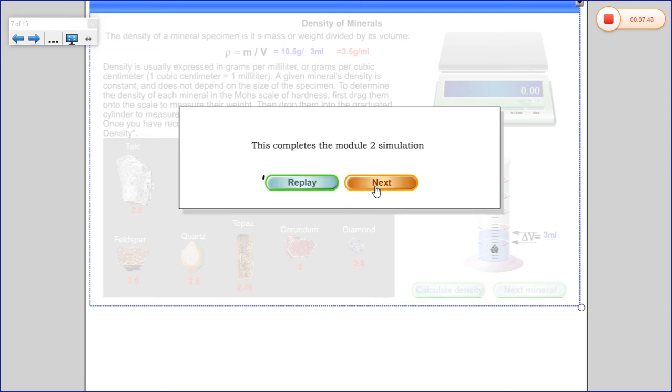Now, do you think these minerals will sink or float in water? Of course they will sink because all of them have density bigger than water.